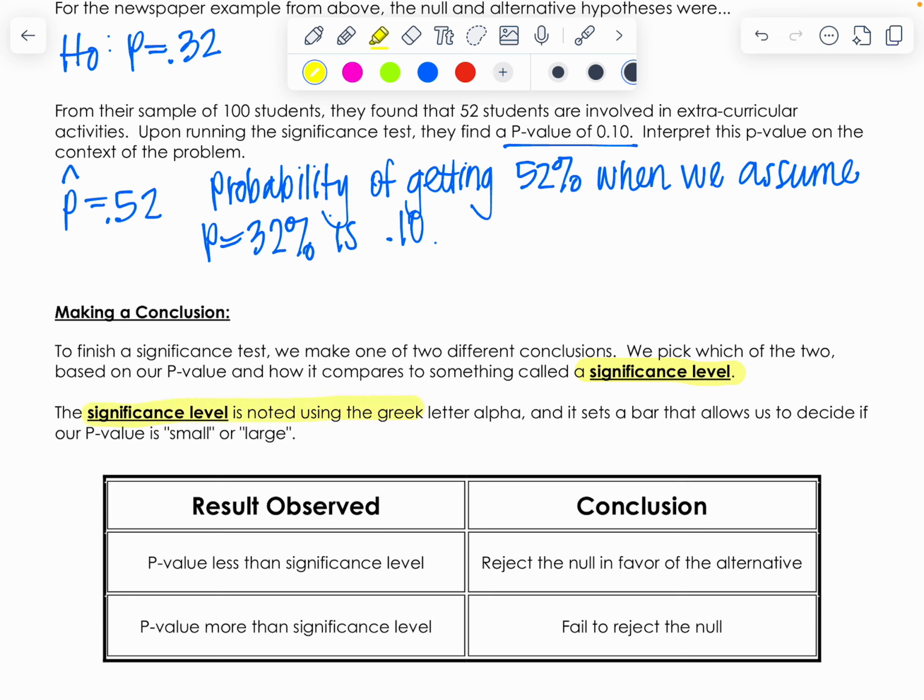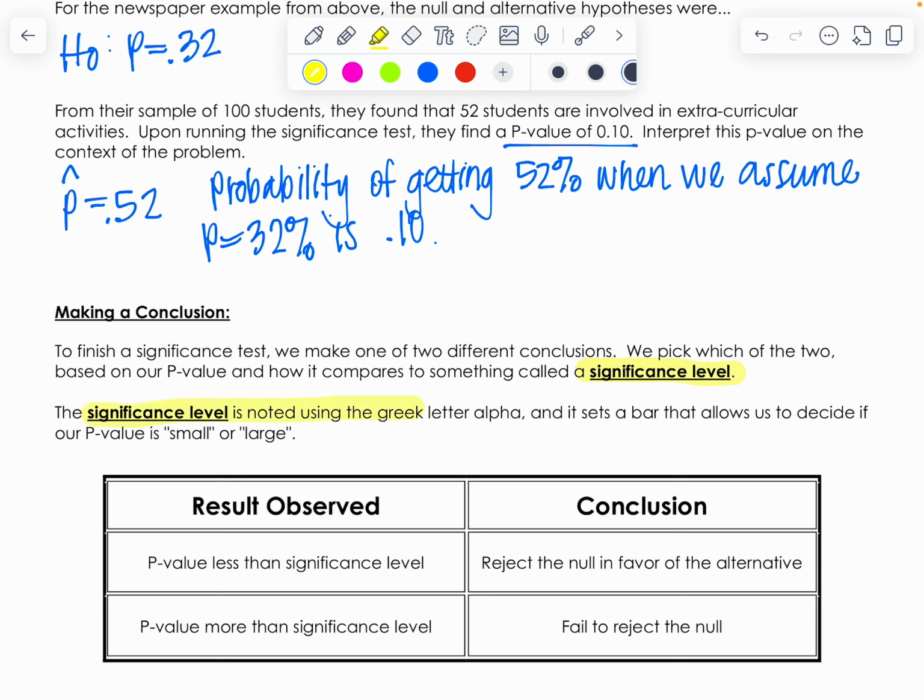So it says any p-value greater than this significance level is considered big, and any p-value less than this significance level is considered small. So if your p-value, this is a really important box, is less than your significance level, then we say for our conclusion that we reject the null in favor of the alternative.